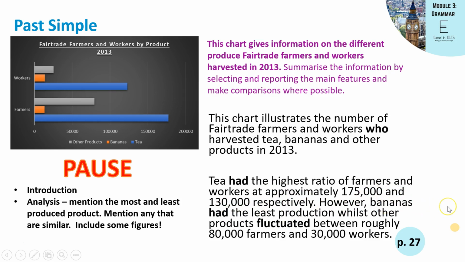However, bananas had the least production, whilst other products fluctuated between roughly 80,000 farmers and 30,000 workers. As you can see, the main verbs are in the past, had, and fluctuated, and I've also used actual figures from the chart. I hope you've done that too.